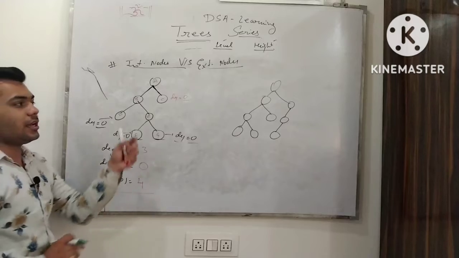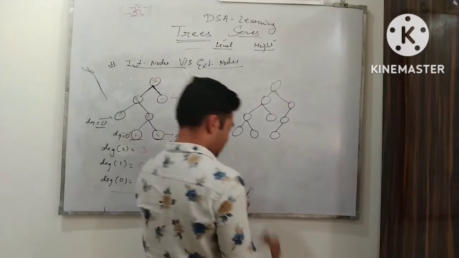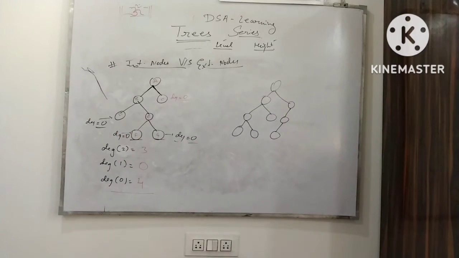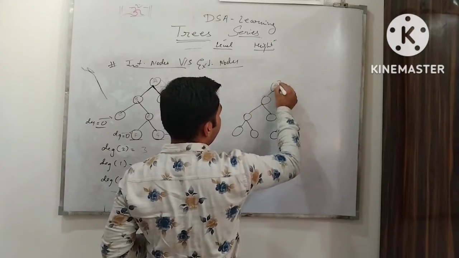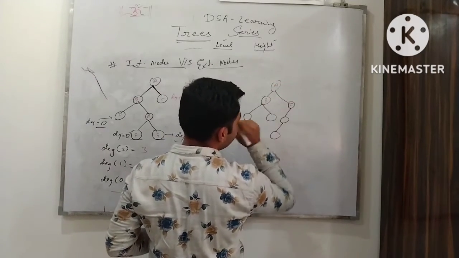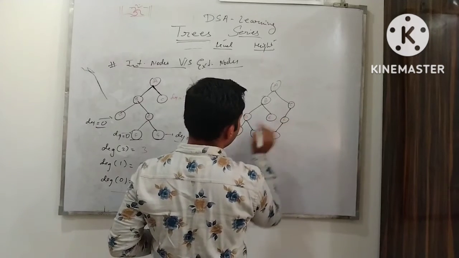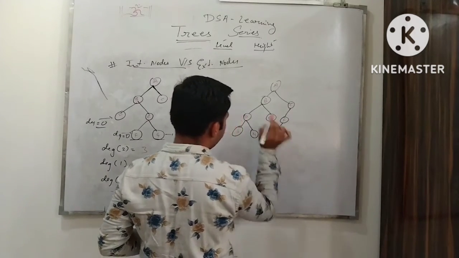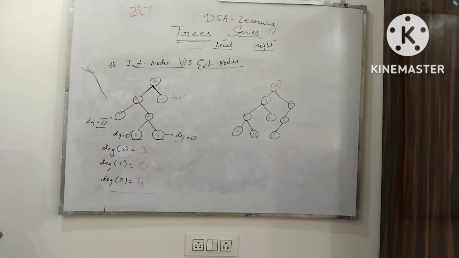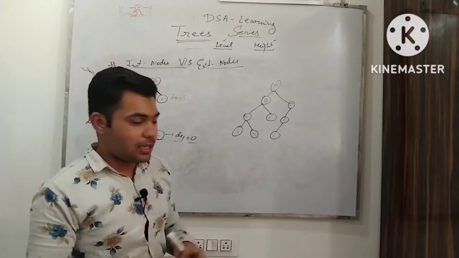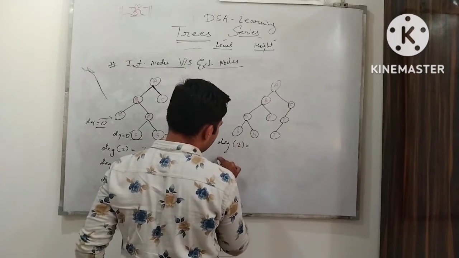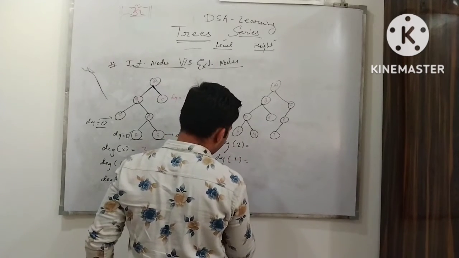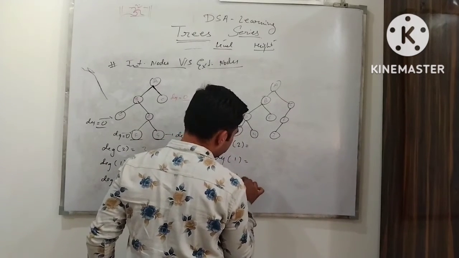So here's the tree. Again I will do the labeling part: A, B, C, D, E, F, G, H, I. Okay, good. Again my question is the same. We have to find the number of nodes with degree 2, degree 1 and degree 0.